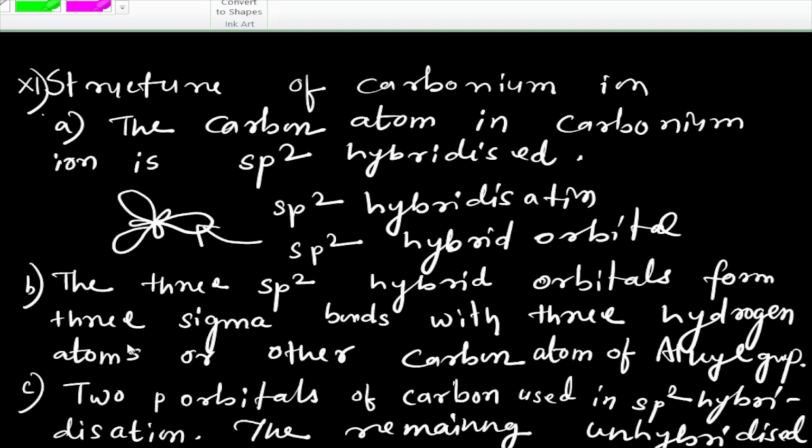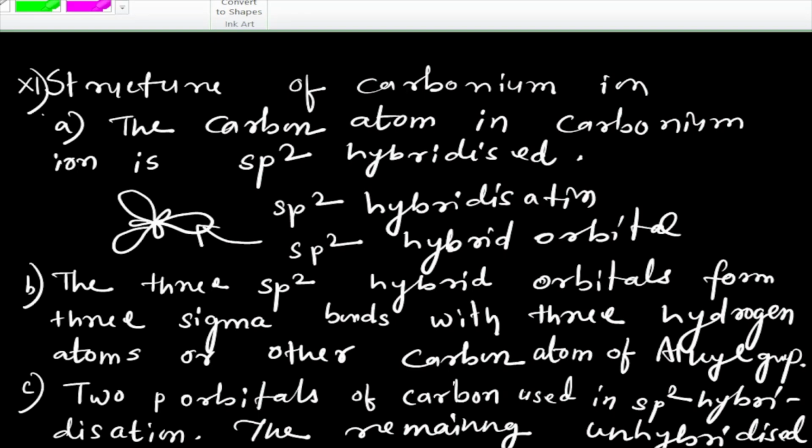Here 2 orbitals are used for hybridization, and this is called sp2 hybridization, and these are sp2 hybrid orbitals. Each orbital is called an sp2 hybrid orbital, meaning 2p and 1s combine and form one hybridization, that is called sp2 hybridization, which is a triangular structure.